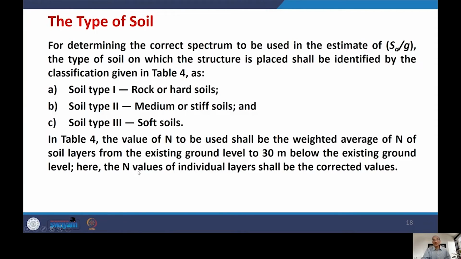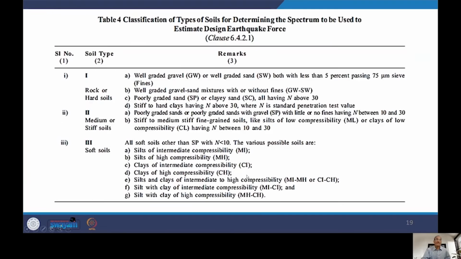Let's discuss first for soil type, first for hard soil. So what you have here, this table is similar to what you have in Table 2. You have 3 soil types here: rock or hard soil, medium or stiff soils, and soft soils. And the definition is more or less the same. But you can see here, well-graded gravels or sand, both with less than 5% passing 75 micrometers.